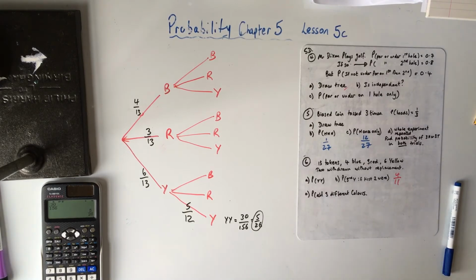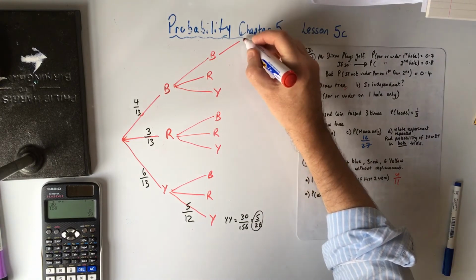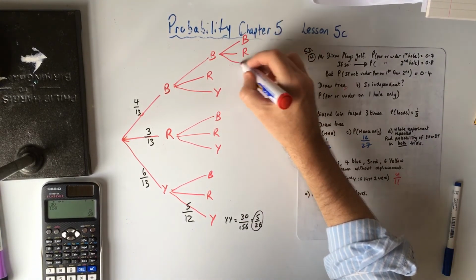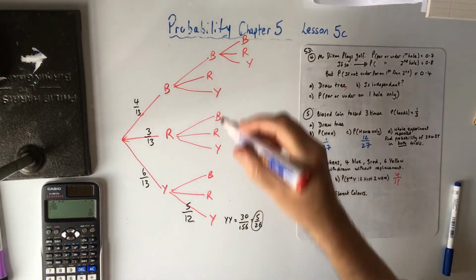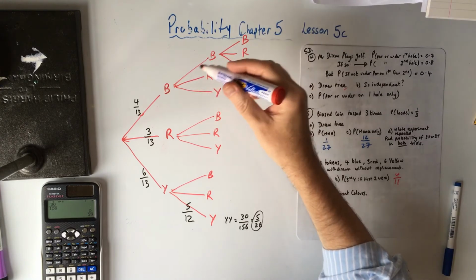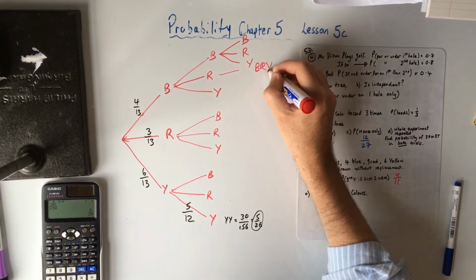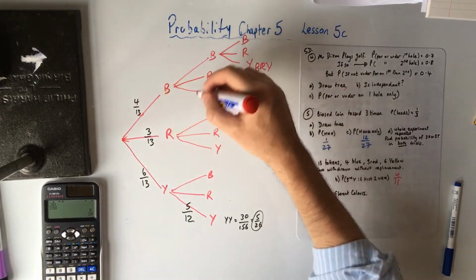Now, part C, I can't believe this one because it's saying what's the probability of getting all 3 different colours. Now, to do that, you've got to go blue, red, yellow. You've got to work out blue, red, yellow and write all the probabilities. Remember, taking one off each time.